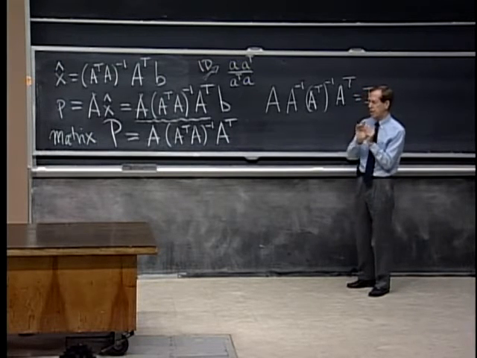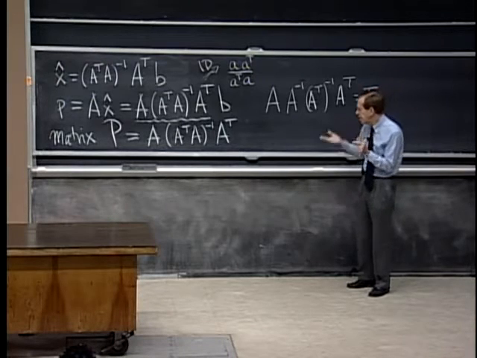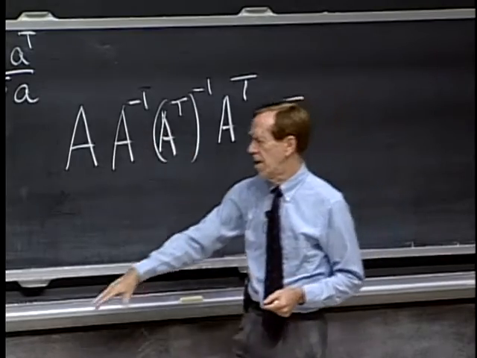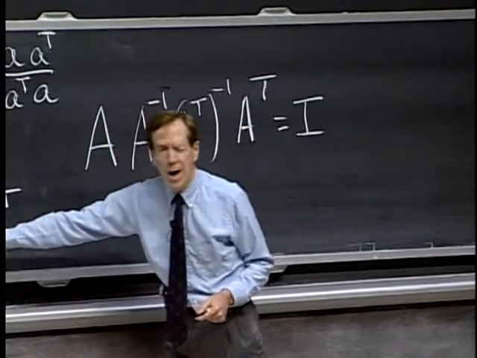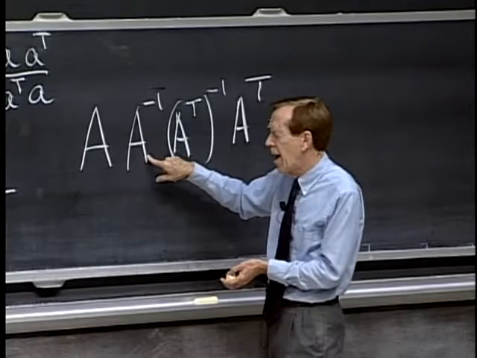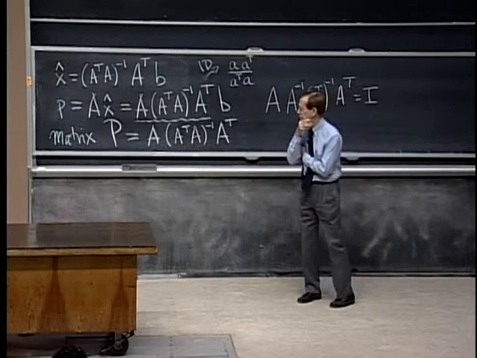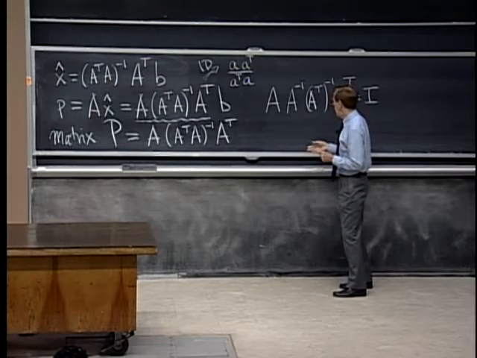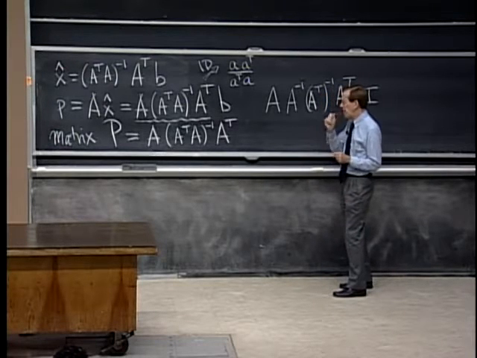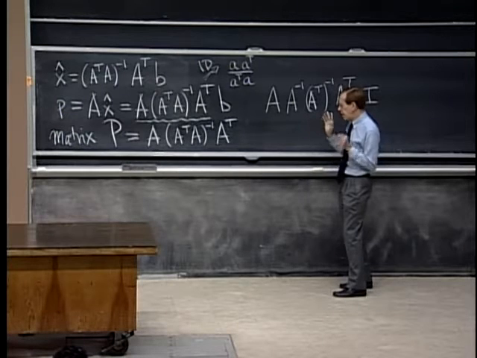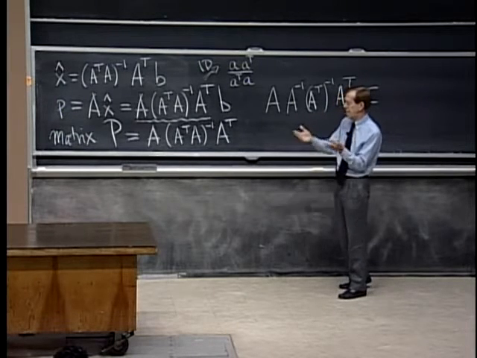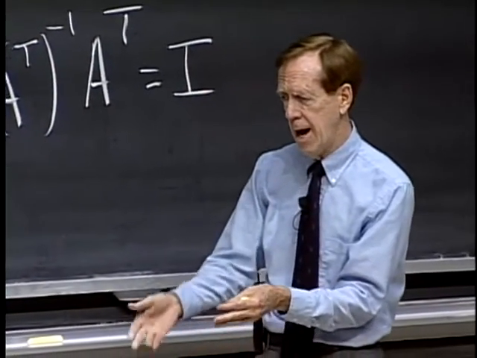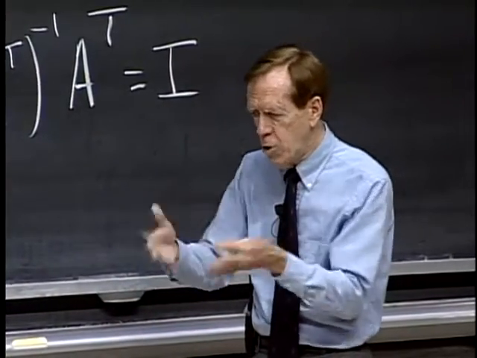Because A is not a square matrix. It doesn't have an inverse, so I have to leave it that way. This is not okay. If A was a square invertible matrix, then I couldn't complain. But my main case, the whole reason I'm doing all this, is that A is a matrix that has too many rows.